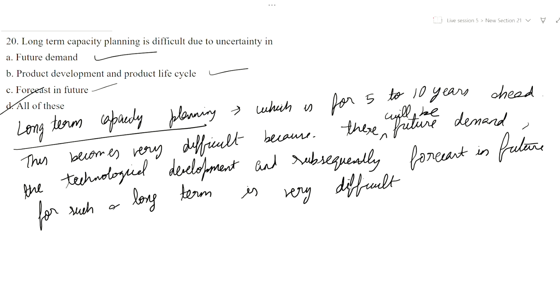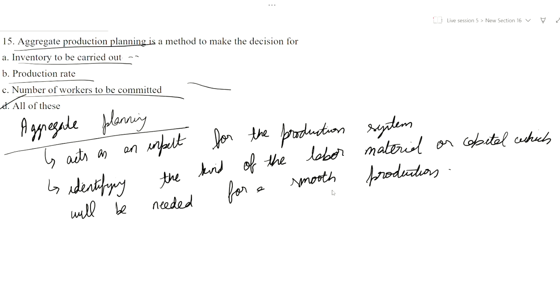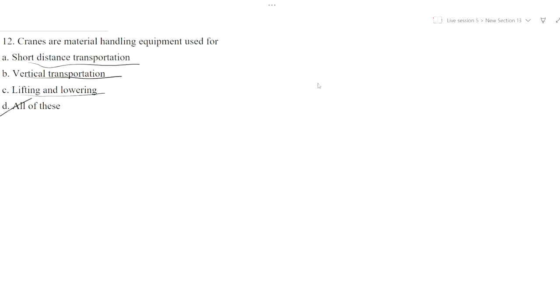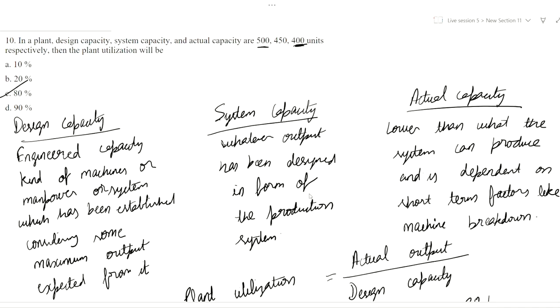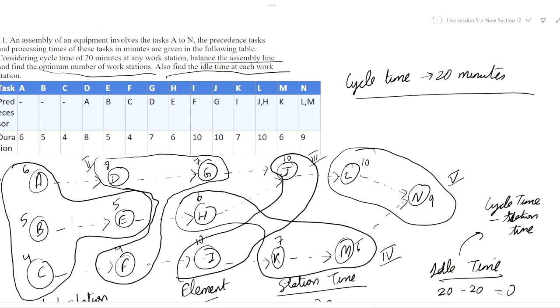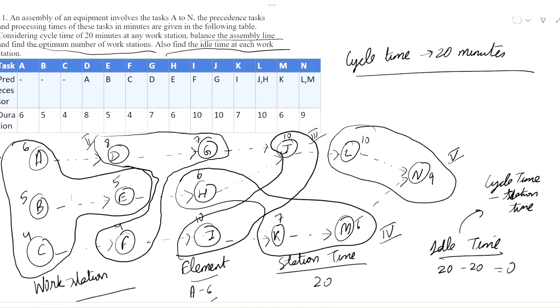Next, we discussed a question clearly on line balancing. Here we had some tasks and durations. We first balanced the line, then we made 5 workstations.